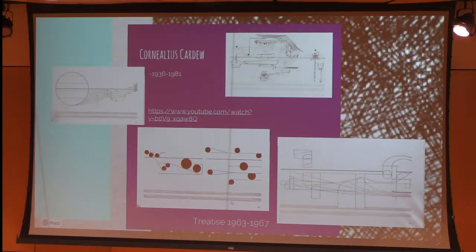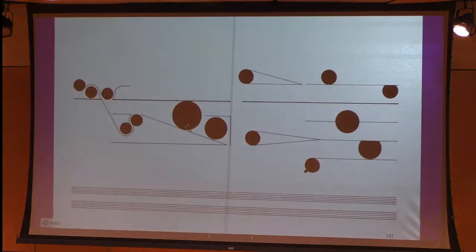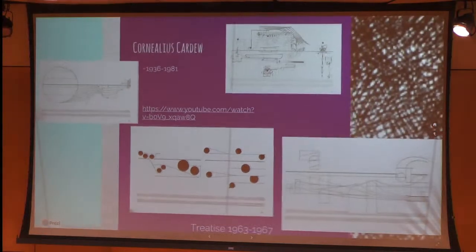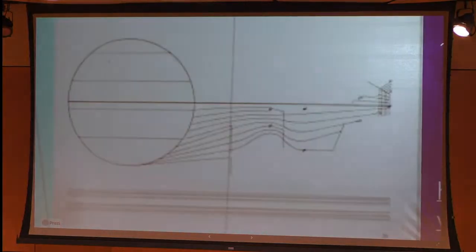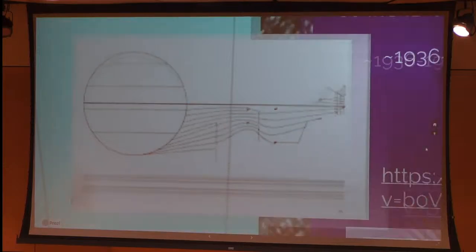I really, really like how you can see a sort of theme throughout his work. He uses lots of bubbles, like here we see these. It's also interesting he includes what looks like a traditional staff. In this one too, we can see bubbles and these lines, and again, possibly staves.